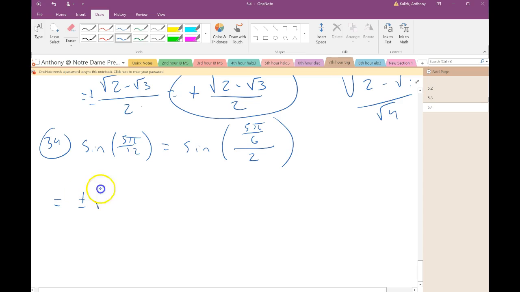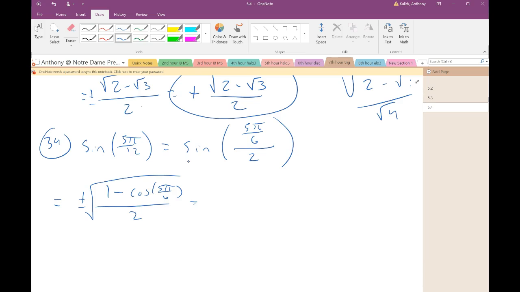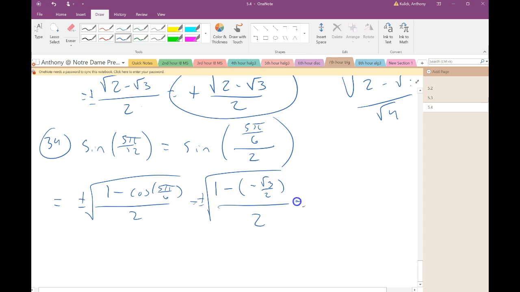So we have plus or minus the square root of 1 minus cosine 5 pi over 6 over 2. Be a little bit more careful there. There we go. And cosine of 5 pi over 6 is negative square root 3 over 2. And we'll multiply by square root 2 over 1.